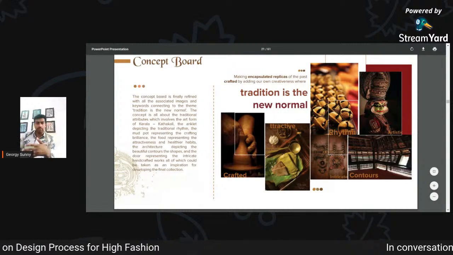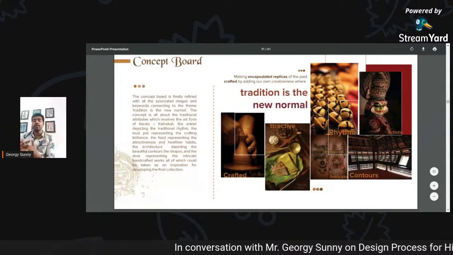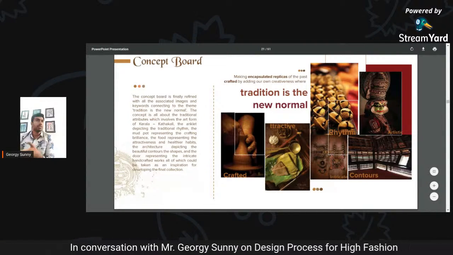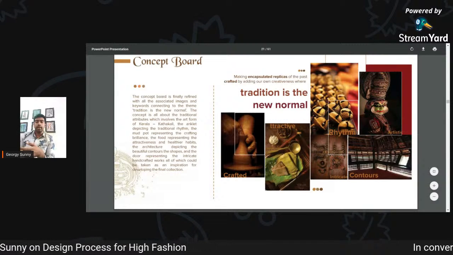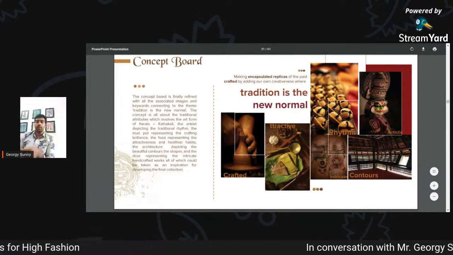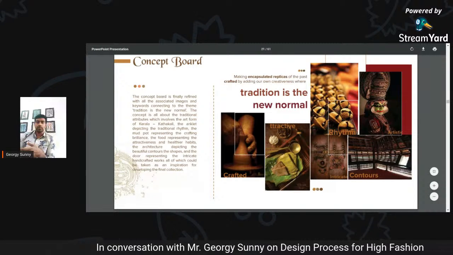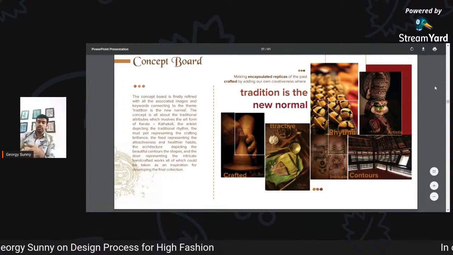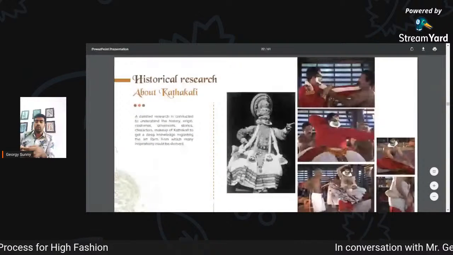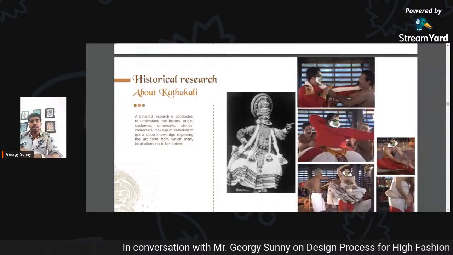She did in-depth research about the traditional form, how the costumes were, what the real materials were, and what kind of techniques they used. All those ideas she converted, and she made the garments, creating an amazing garment piece.